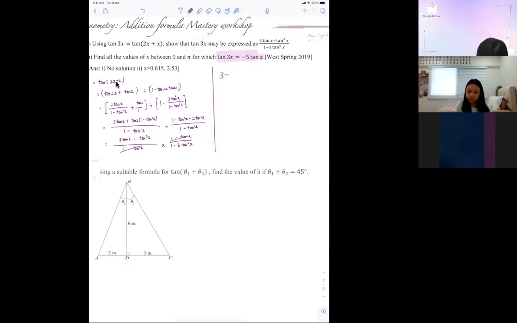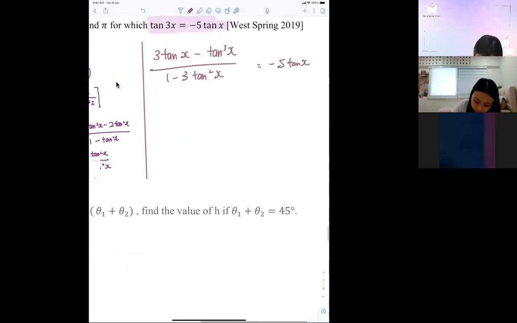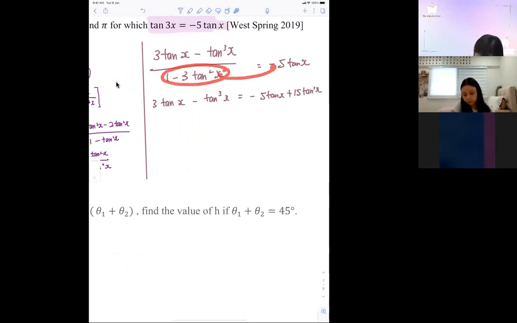So 3 tangent x minus tangent cube x over 1 minus 3 tangent square x equals to minus 5 tangent x. Okay, cross multiply. Minus 5 tangent x plus 15 tangent square x. I bring this bottom over, I times, and then this is what you get when you expand.